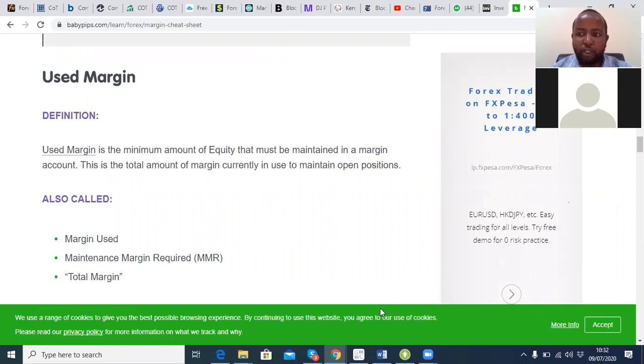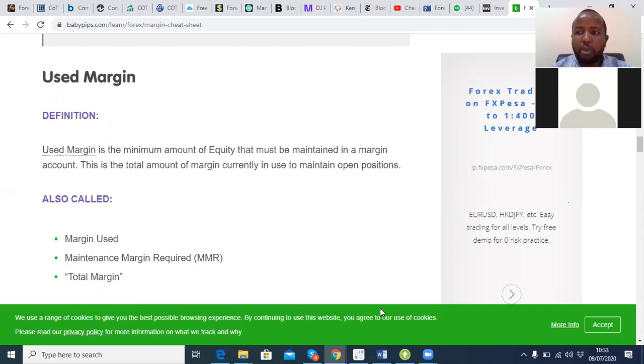For every account you're trading, you need to always know how much minimum equity. If you're risking, say, 5% or 3 or 4, I would suggest you start with 1, 2, 3. Maximum you can go beyond 4%. For every trade, you need to know how much minimum equity should be running on the account. Say I'm running at a loss of minus $100 and maybe I had $500 or $1,000.